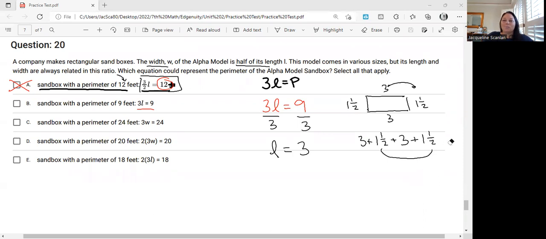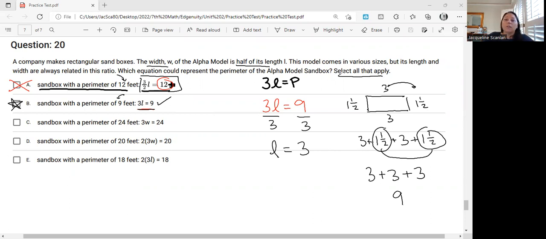So 3 plus 3 plus 3 more from that 1.5 combined. And that gives me 9. All right, so that checks because it told me that the perimeter was 9. And I solved their formula and I got the right answer. So B is correct. At least we found one that works.